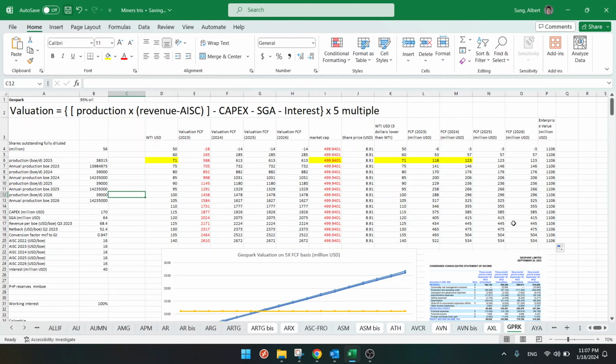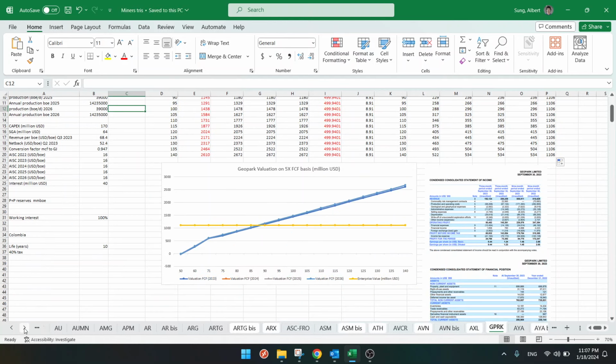Looks like an interesting company to put on the sheet.